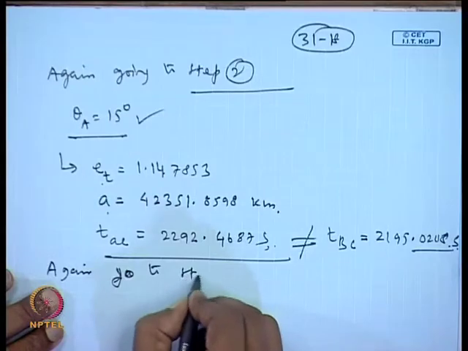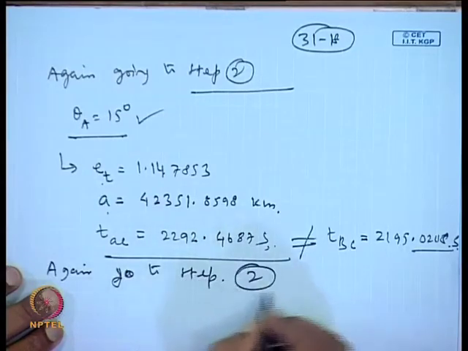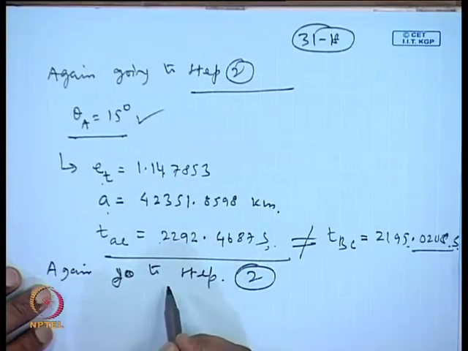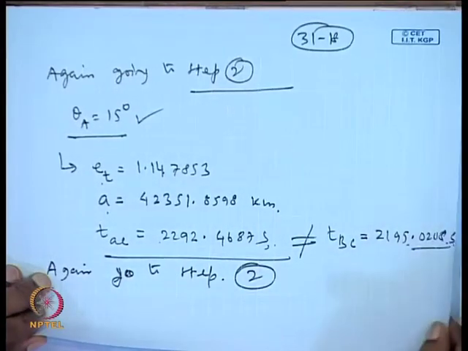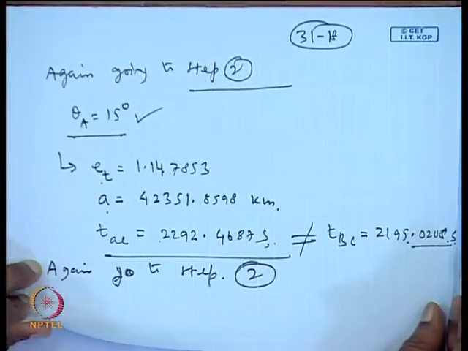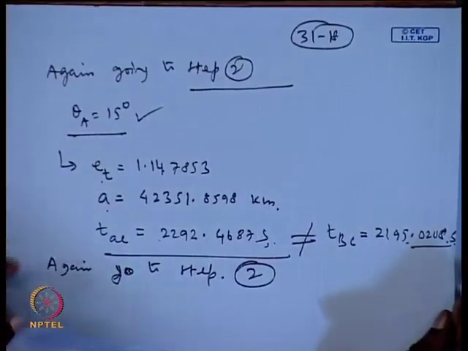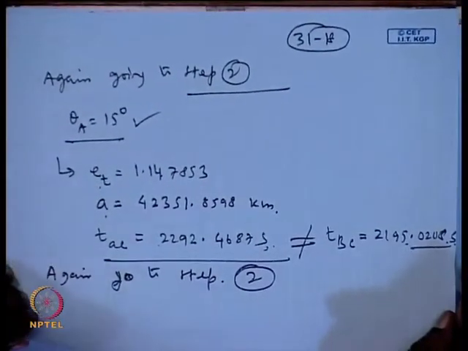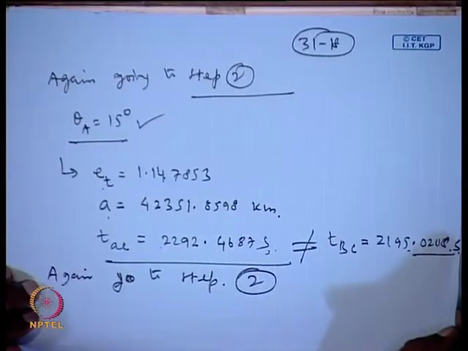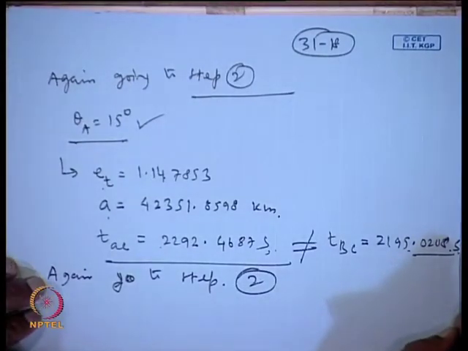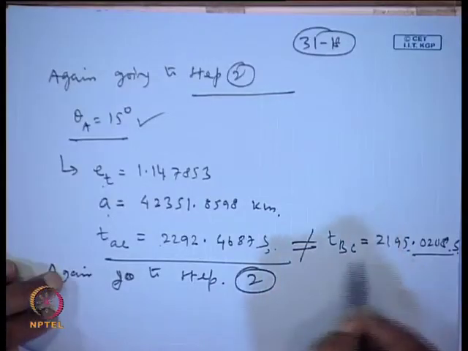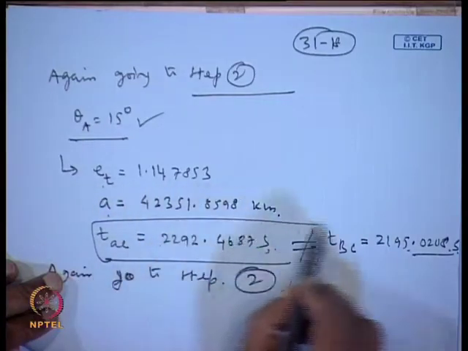So, this is not equal, then again go to step 2. We need to iterate once more, because now this is closer. Time is getting over, so we will continue in the next lecture, but we have reached quite close to the value which we have taken here.